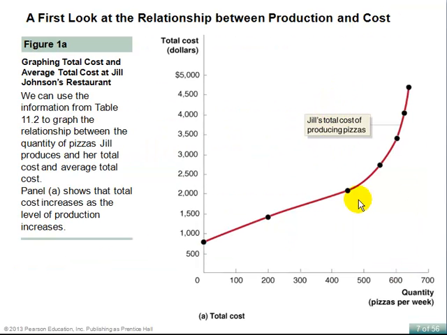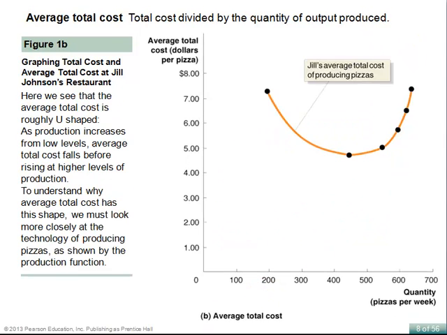This figure uses the numbers in the next to the last column of table 2 in the last slide to graph Jill's total cost. You can tell that the total cost increases slowly at first, then increases sharply. And this figure uses the numbers in the last column of table 2 to graph the average total cost.